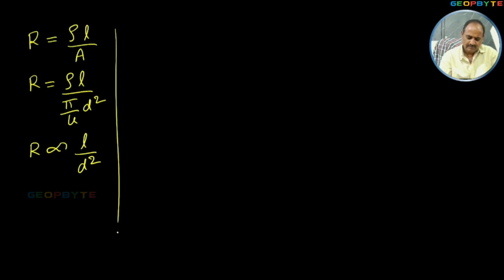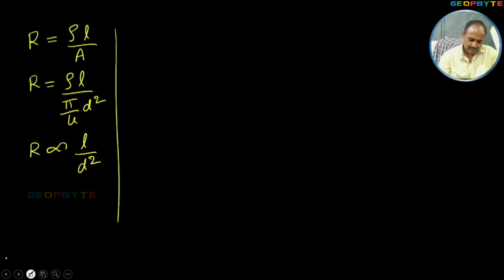Let us write the area in terms of diameter, because the percentage error in diameter is given, A equal to pi by 4 into D square. From this, I can say that resistance is proportional to L by D square.